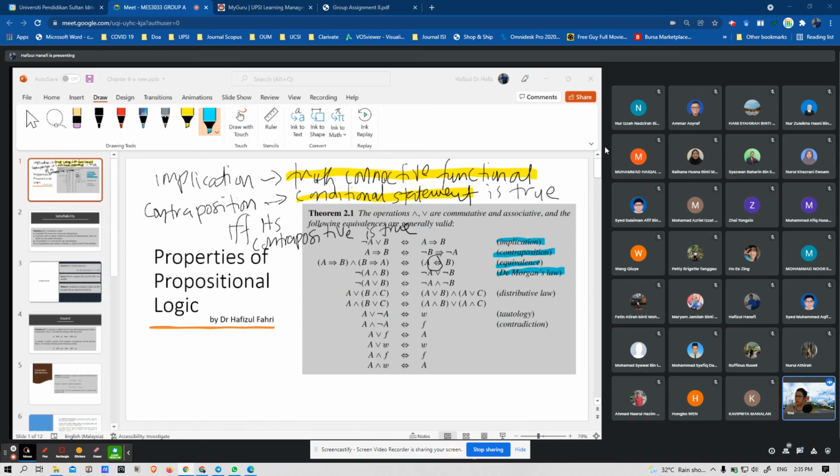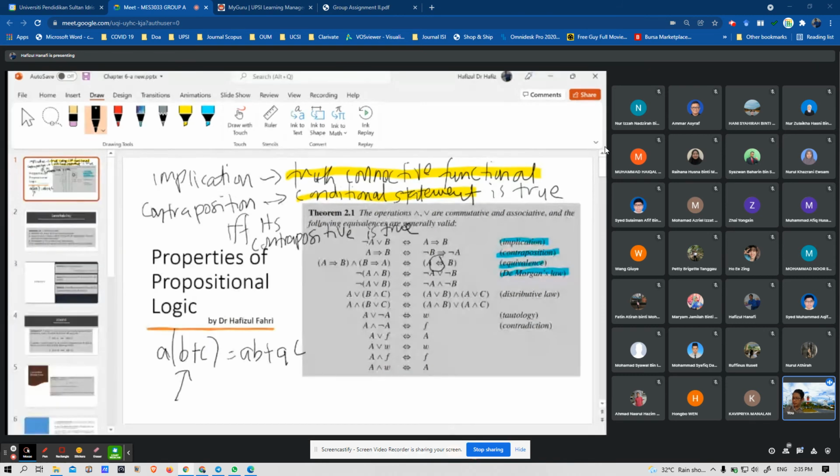This one is the monomial. For example, if we have A(B + C), it is equivalent to AB + AC. This one is the outer loop, and this one is the bracket in the bracket.